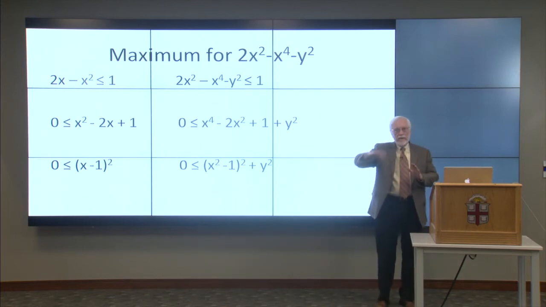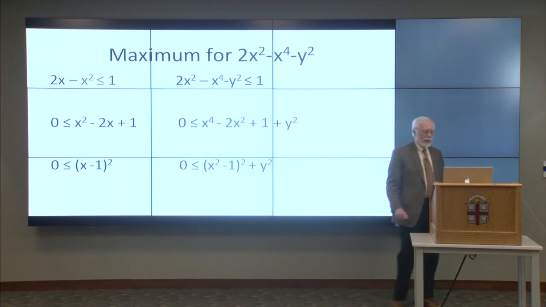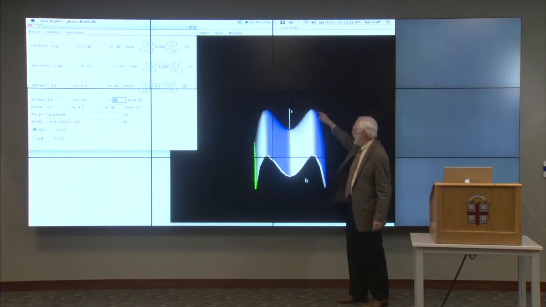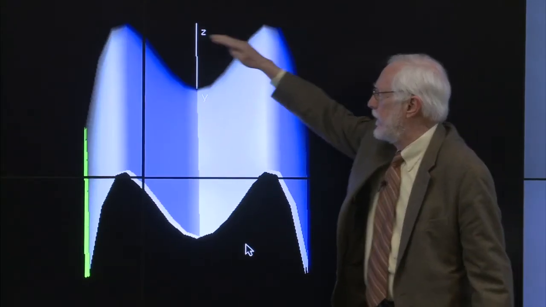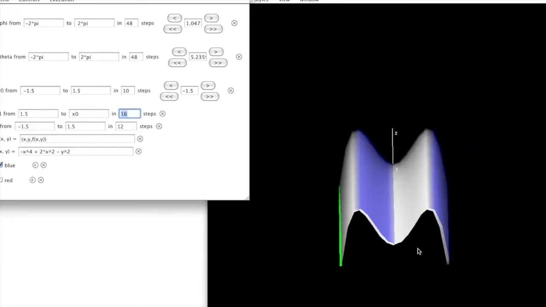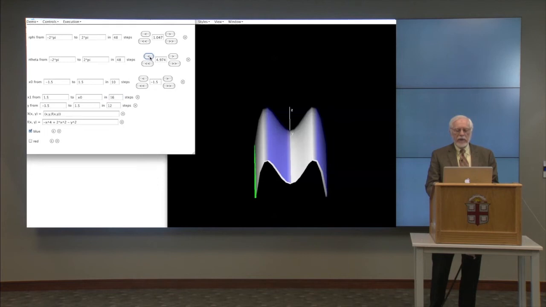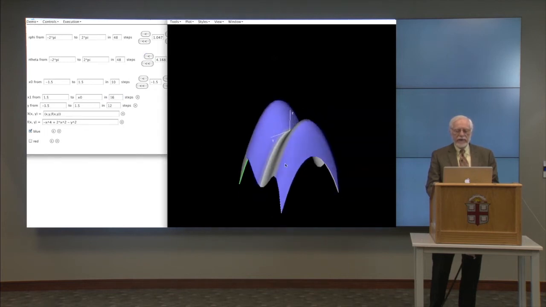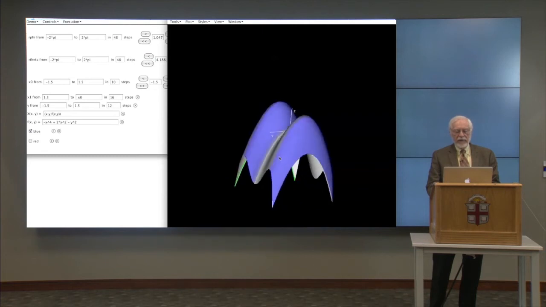So in our graph, which we can call Twin Peaks, the algebraic expression we've just seen shows us, without any doubt, that the maximum value occurs when x is 1 and y is 0, and where x is minus 1 and y is 0. And we can rotate that around and see that indeed our graph does have the behavior we expected.